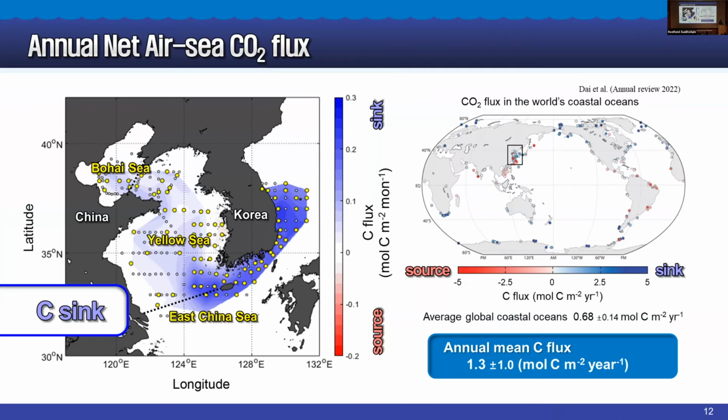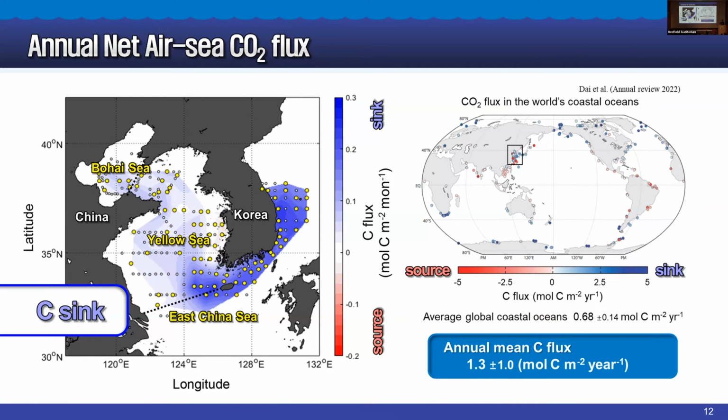So we first look at the annual net carbon uptake by these entire basins. Direct measurements point to a very strong sink of atmospheric CO2 by the East China Sea, and a moderate sink by the Yellow Sea and Bohai Sea. So a strong sink directly under the influence of the Changjiang River plume, which is moving in a northeast direction, particularly during the summertime.